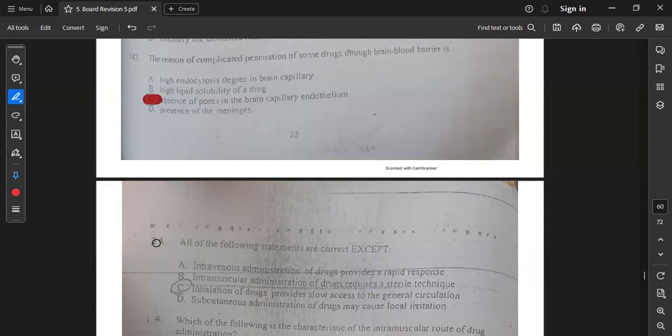Do you know of any? I don't remember. Are there efflux pumps in the blood-brain barrier? Efflux transporters. Okay, P-glycoprotein.